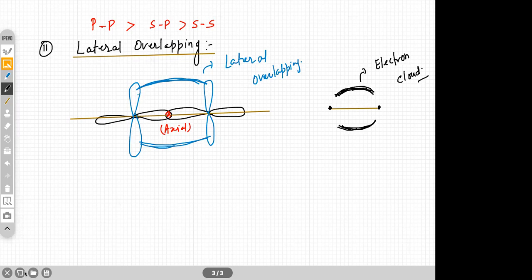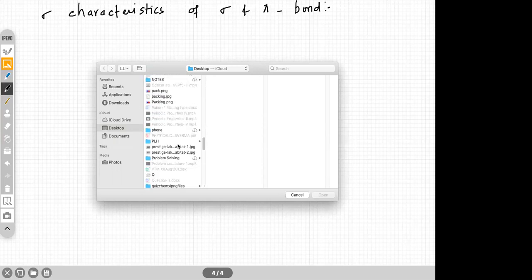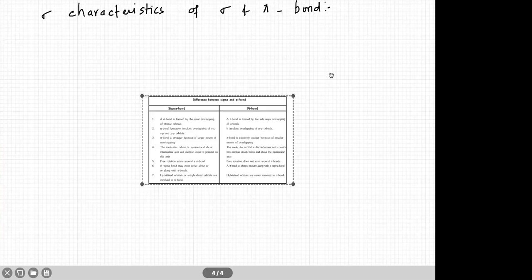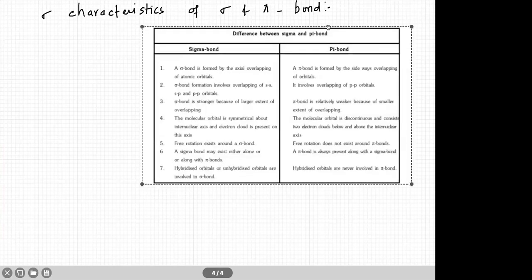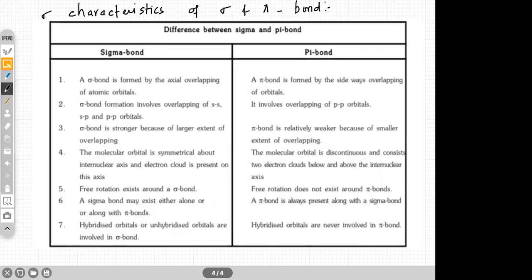Okay, next write down characteristics of sigma and pi bond. Copy down this table, all of you.